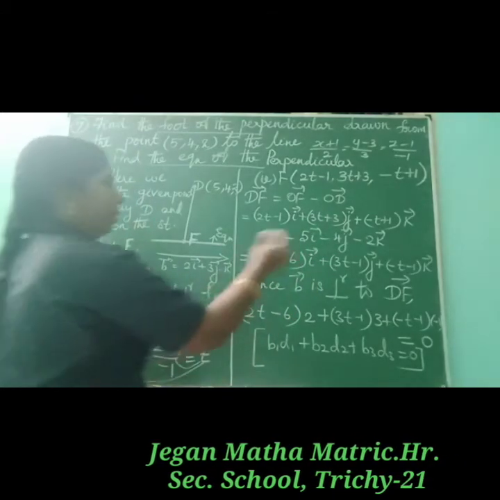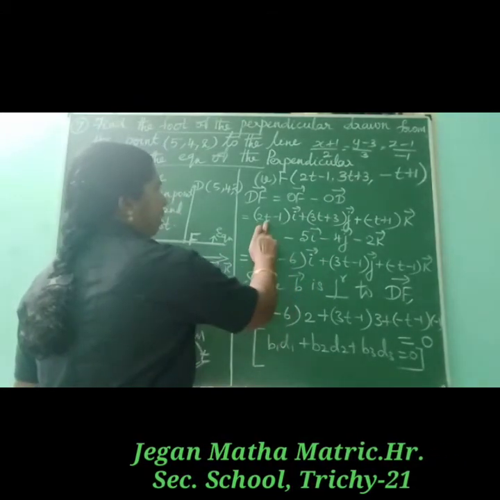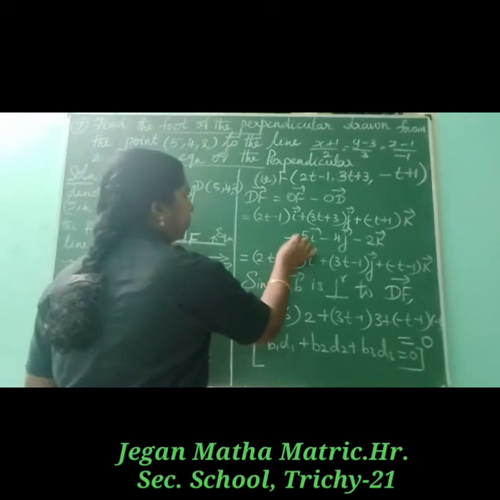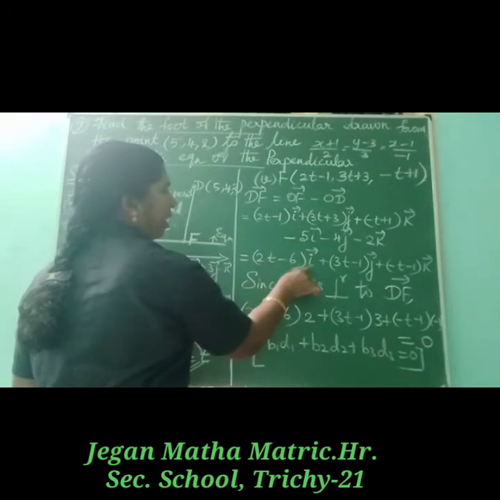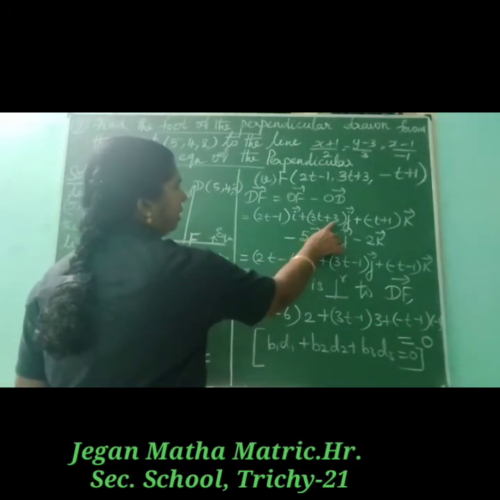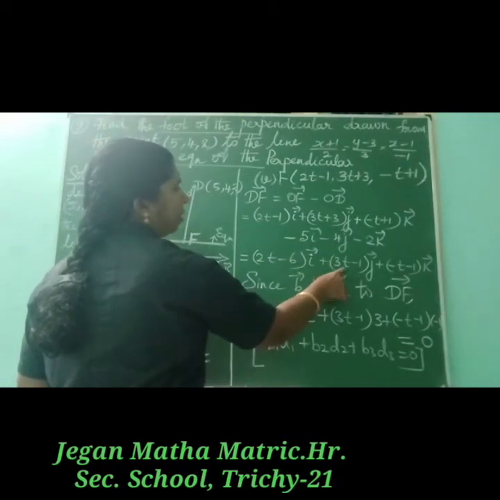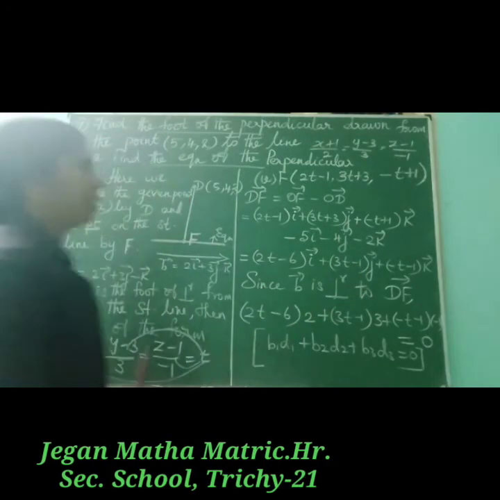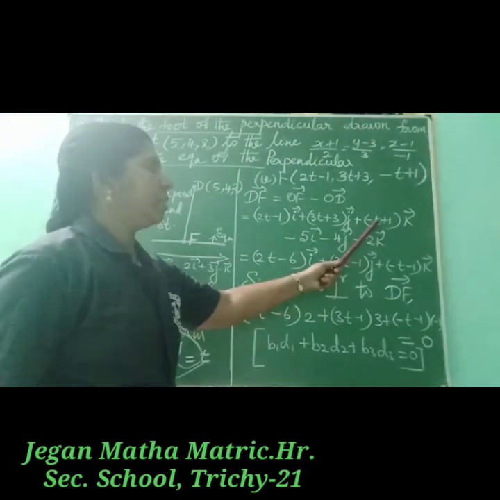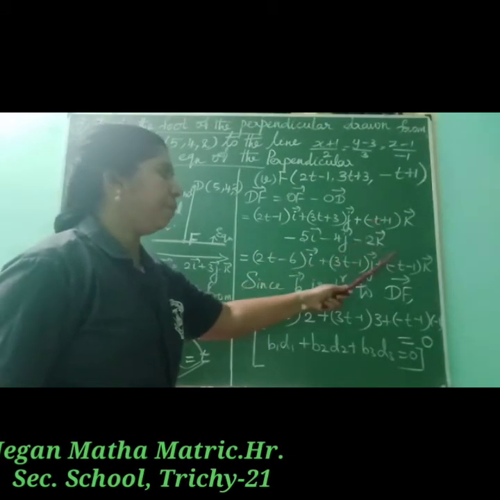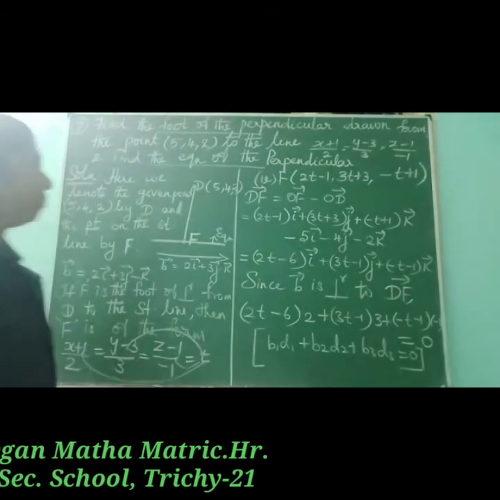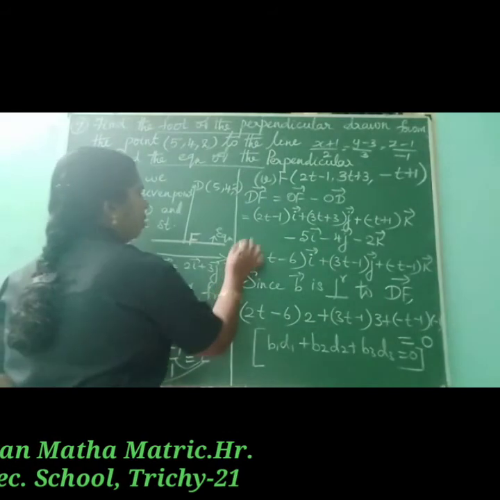Now you can combine both together. (2t - 1 - 5), so (2t - 6) into the i vector. (3t + 3 - 4), so (3t - 1) into the j vector. (-t + 1 - 2), so we get (-t - 1) into the k vector. This is the equation of DF.